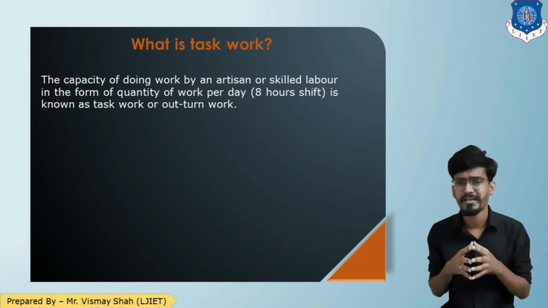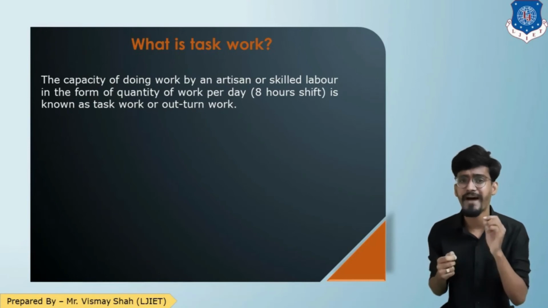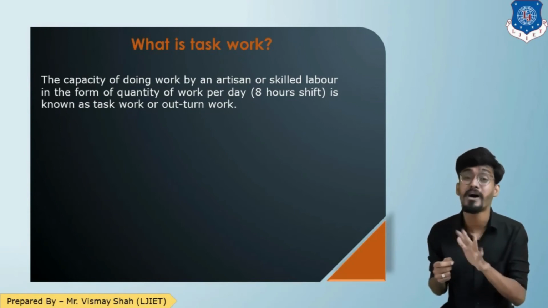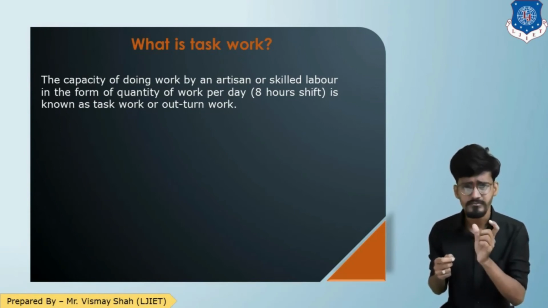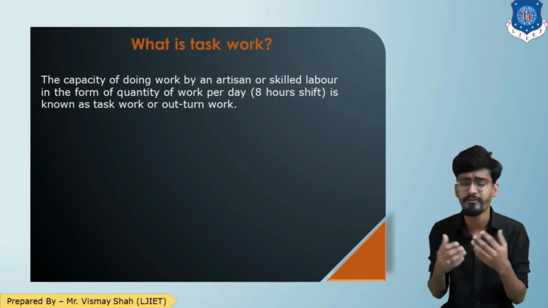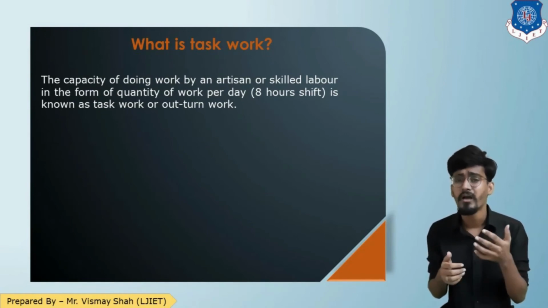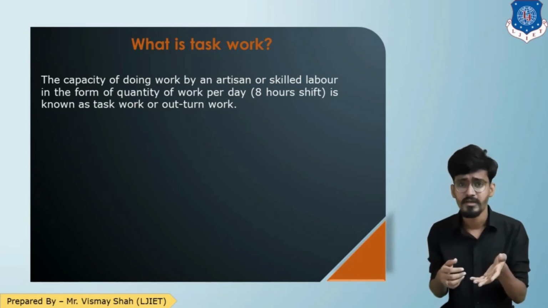For example, if you can write 5 papers per day, then your task work is 5 papers per day. So for laborers, it is the capacity of doing the construction work. I hope we are clear about what task work is.